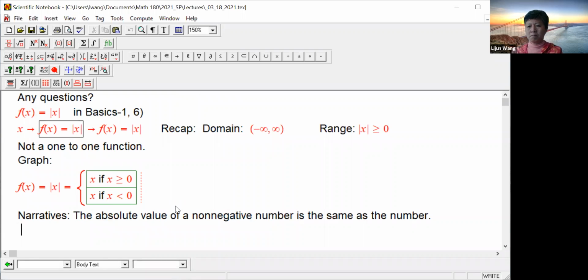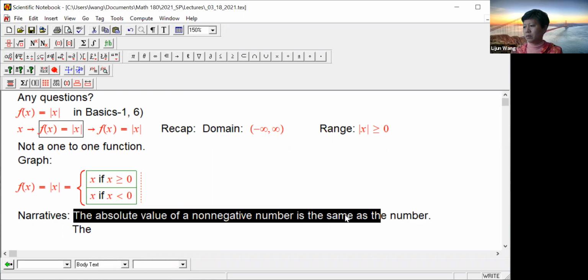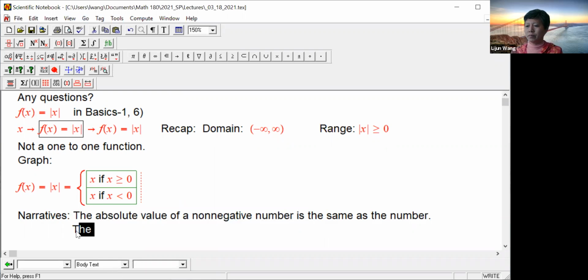You guys do remember that? Does it still make sense? The absolute value of a negative number is its opposite.